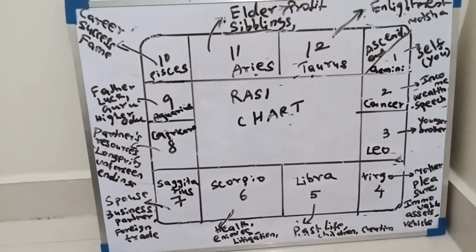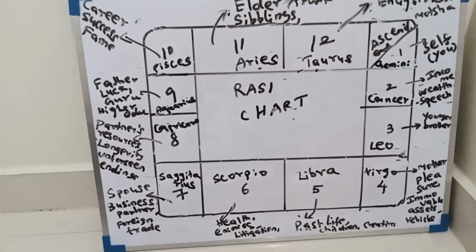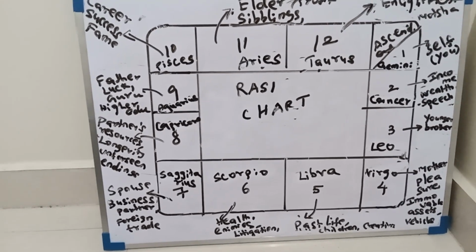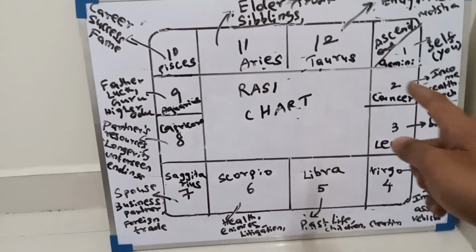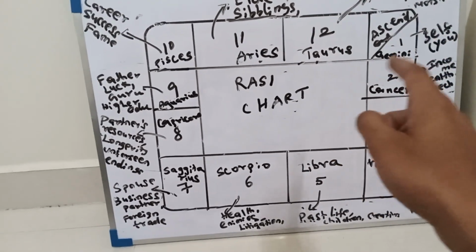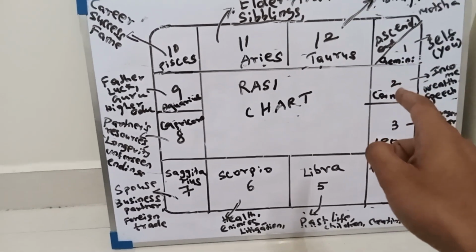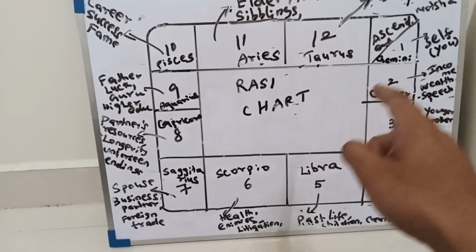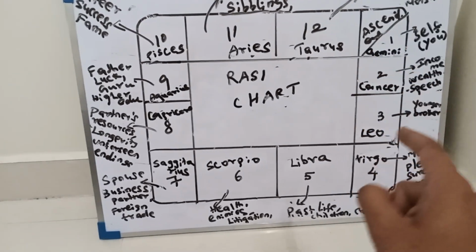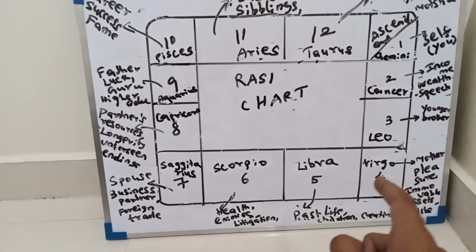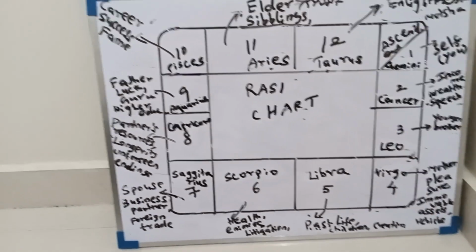You will keep numbering it until 12. For instance, for a person with a Cancer ascendant, here it will be number 1. In this video it is number 2, but if it's a Cancer ascendant, here it will be marked number 1 and number 3 becomes number 2 for you, number 4 becomes number 3 similarly.